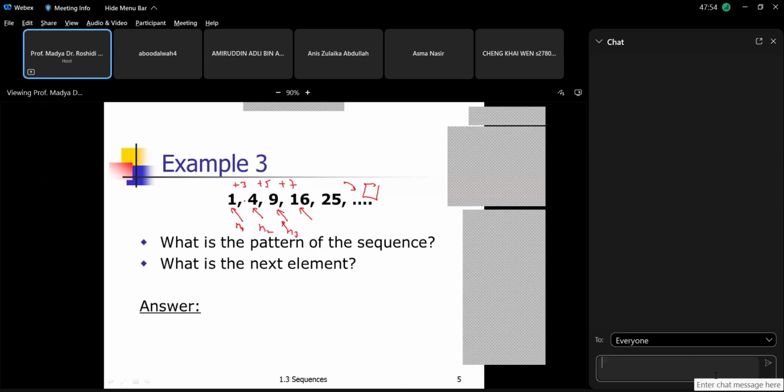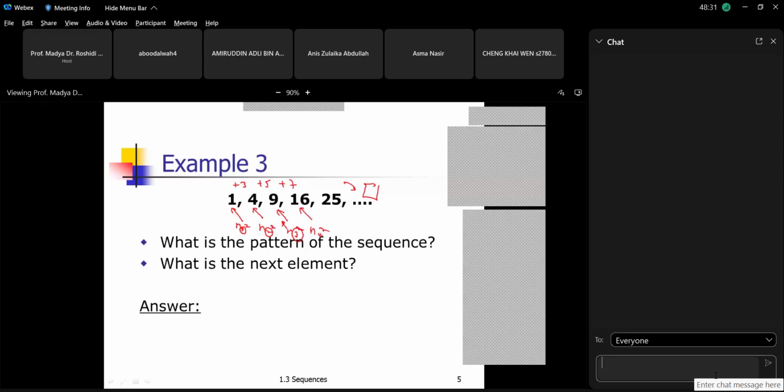Once we look at the location of this number, we can predict the pattern. What is the relationship between this value and its location, this value and its location, this value and its location? Once we look at each of the numbers, we can see the pattern where the value is the location value squared.